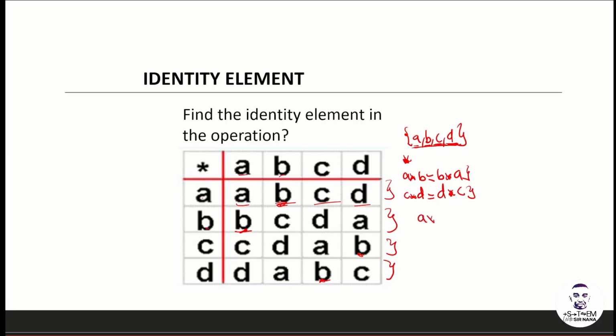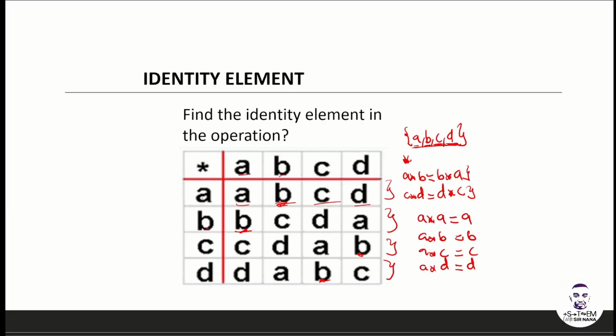So when we have A operation A, it gives us A. When we have A operation B, it gives us B. When we have A operation C, it gives us C. And then when we have A operation D, it gives us D. So I hope you can see the identity elements clearly.